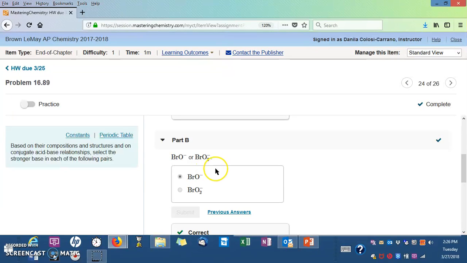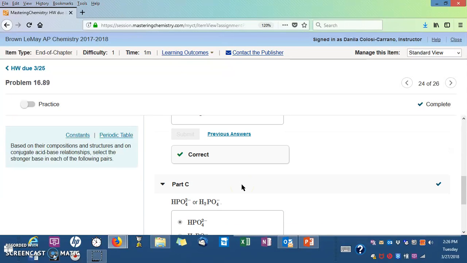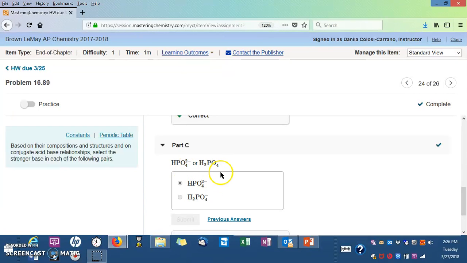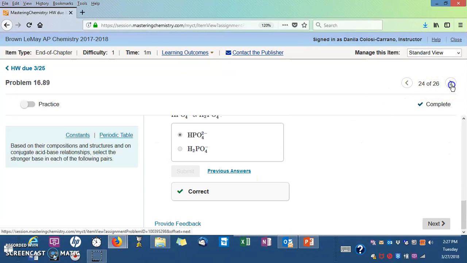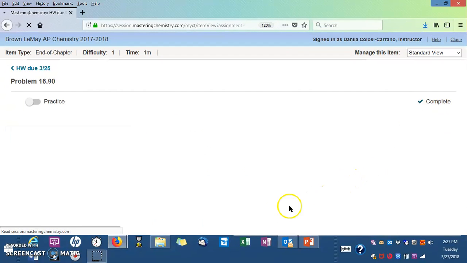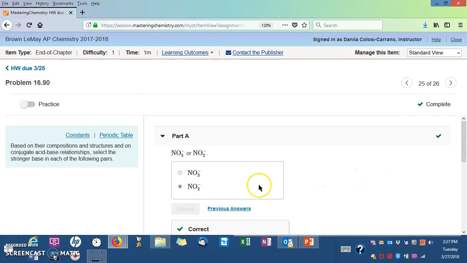Between those two, the choice is easy, because this is the one that is a stronger acid, since it has more O's. So the one with the least amount of O's is the base. This one has more 2 minuses, so this is also willing to be a stronger base. What else do you have?